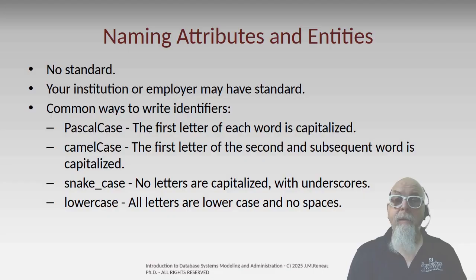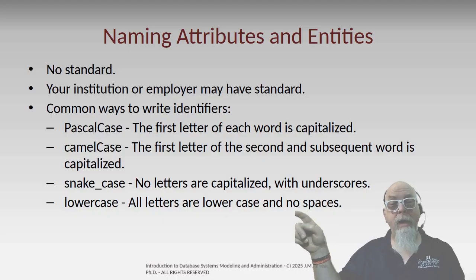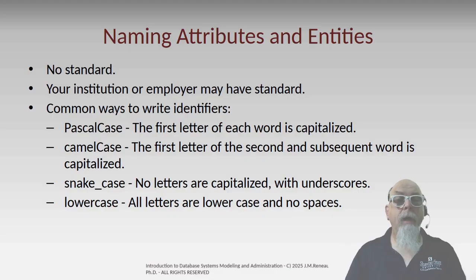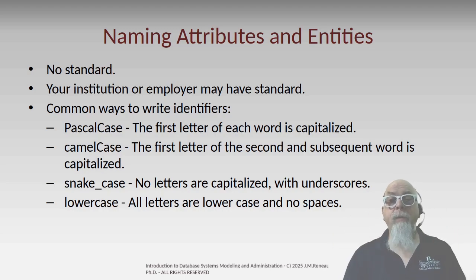So it's the same as Pascal, except the first letter is lower. It's got humps of uppercase letters where each word breaks, like a camel's back with its humps. Snake case, everything is lowercase, and we use underscores to separate words, like last underscore name.